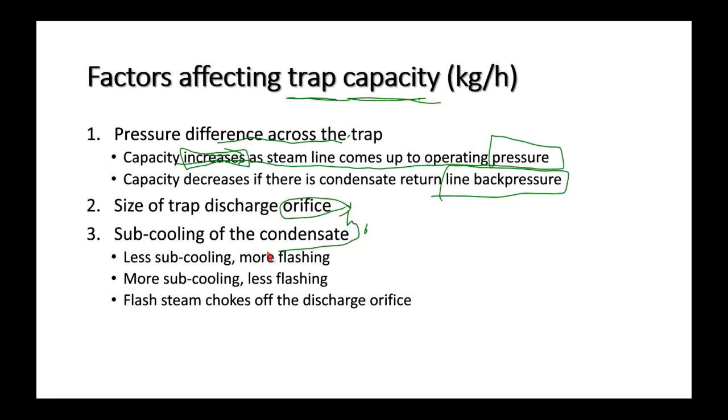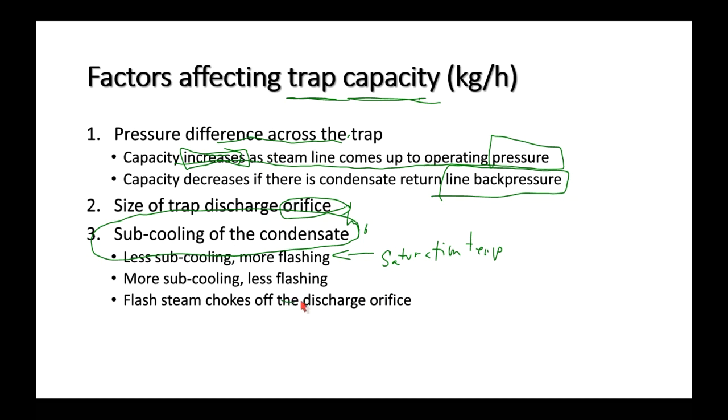And now we get to the subcooling business, which is a little bit different. So let's consider, first of all, condensate that hasn't subcooled very much. In other words, it is closer to its saturation temperature. Because there's a delta P across the orifice, it's going to flash.